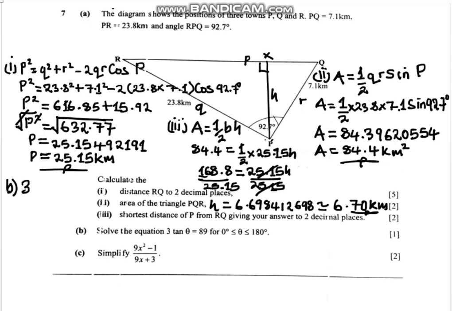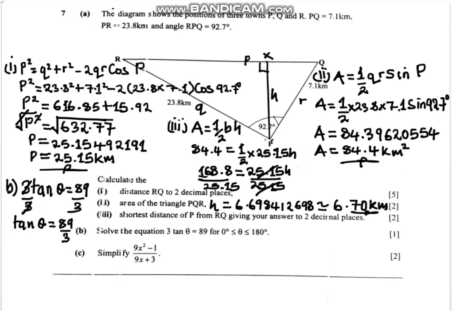So 3 tan theta equal to 89. So we're going to divide by 3 both sides. So dividing by 3, 3 into 3 is 1. 1 times tan theta gives tan theta equal to 89 over 3.